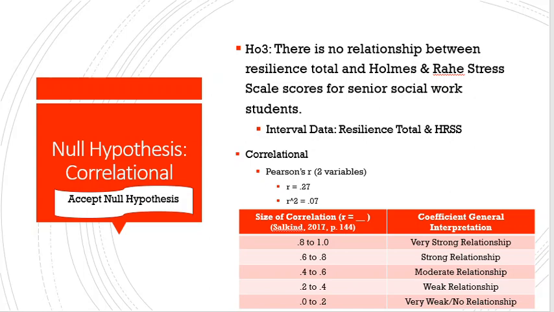Therefore, we will accept the null hypothesis that reports there is no significant relationship between the resilience total and the HRSS scores for senior social work students. To say that there was a relationship, you'd want at least a moderate to strong relationship. So if that R value did reveal a moderate, strong, or very strong relationship, then you would reject the null hypothesis.